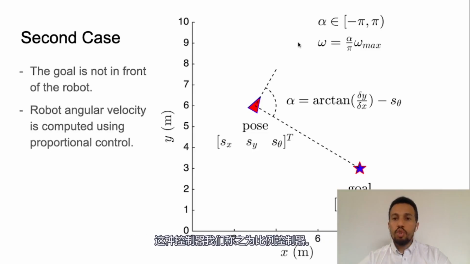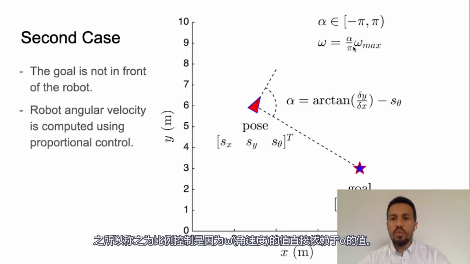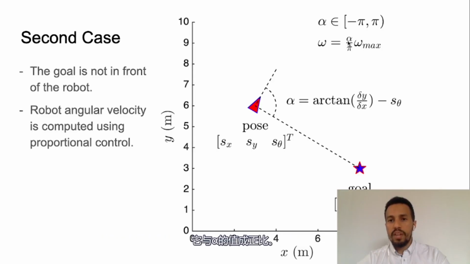This kind of controller we call a proportional control, and the reason is that our omega, our angular velocity, depends directly on the value of alpha. It's proportional to the value of alpha.